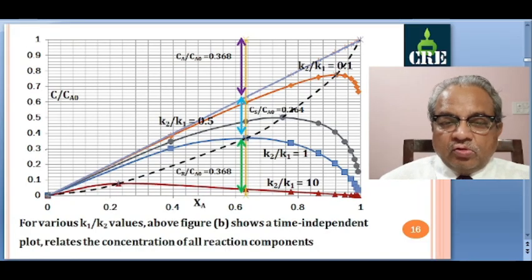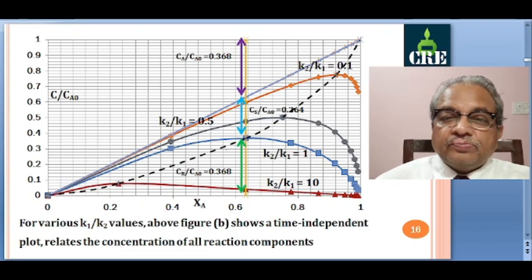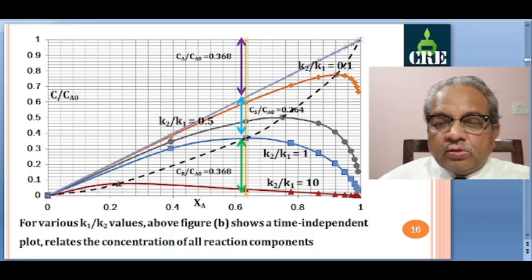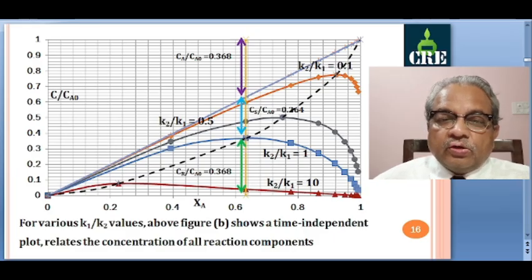Same thing for these values of XA between 0 and 1. I have plotted these. So here K2 by K1 is equal to 0.1, 0.5, 1, and 10. And just as an example, I have taken this value here.